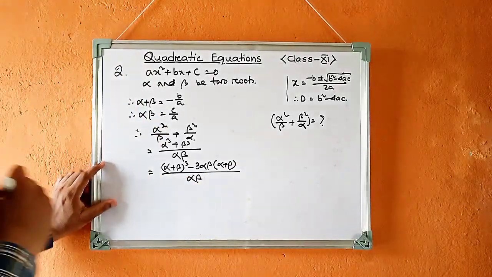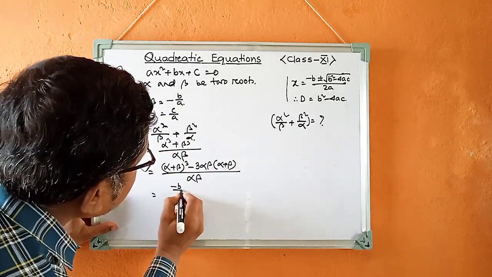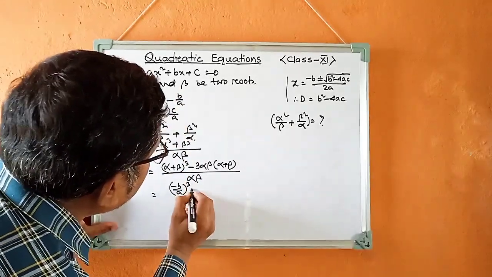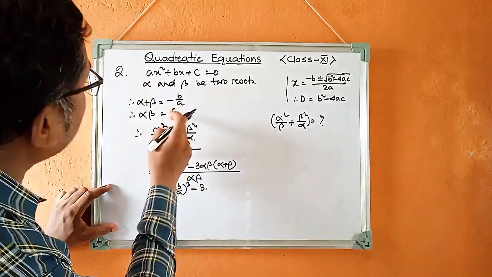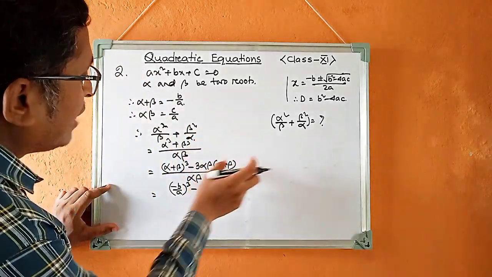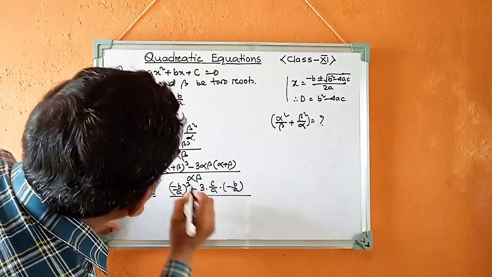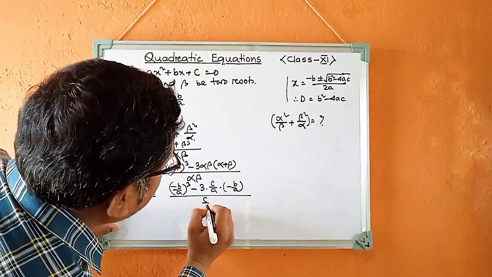Now put all the values. Alpha plus beta equals minus b by a, whole cube, minus 3 alpha beta, that means c by a, into alpha plus beta, that is minus b by a, divided by alpha beta, that means c by a.